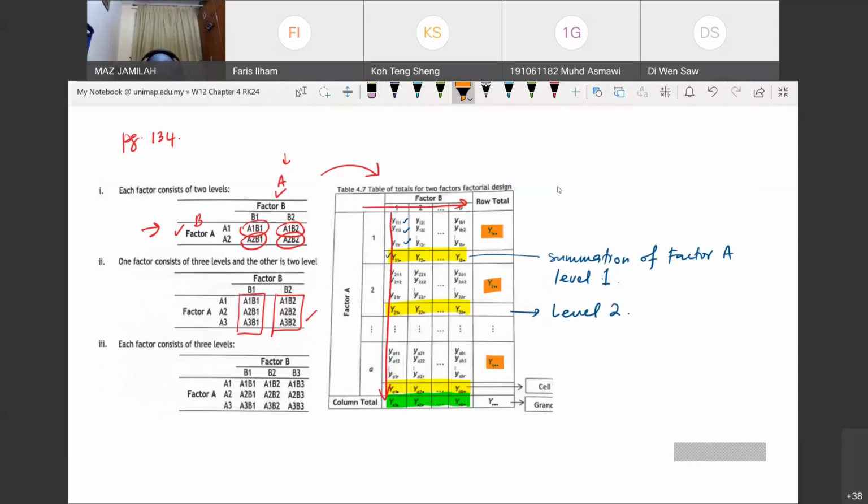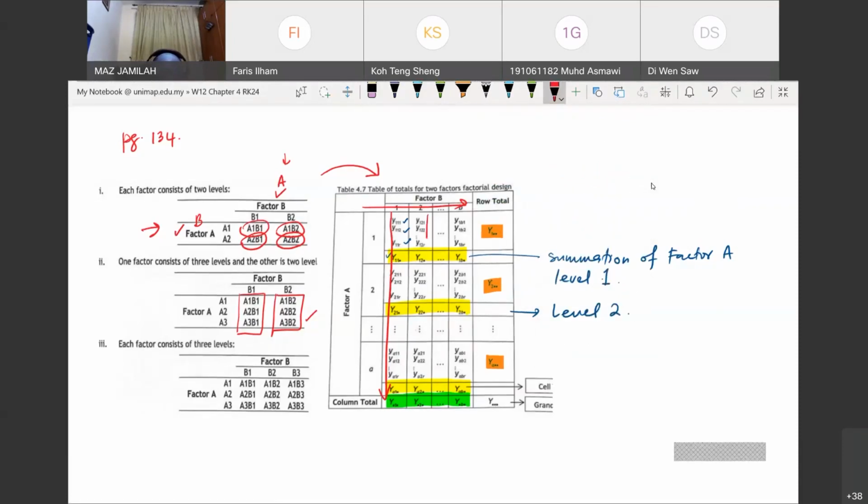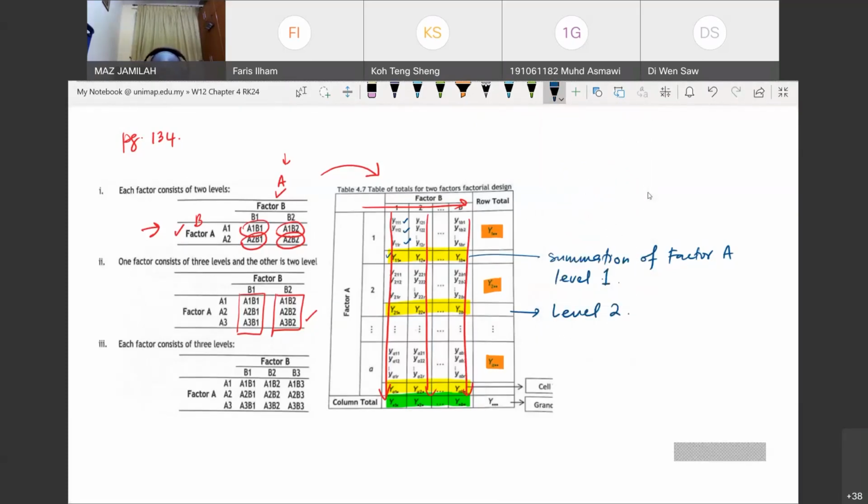Just now was by column, which means you look from one column to another column. Now you are working with rows: first row, second row, until the a-th row.